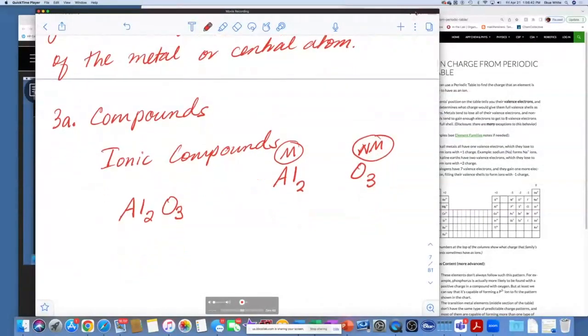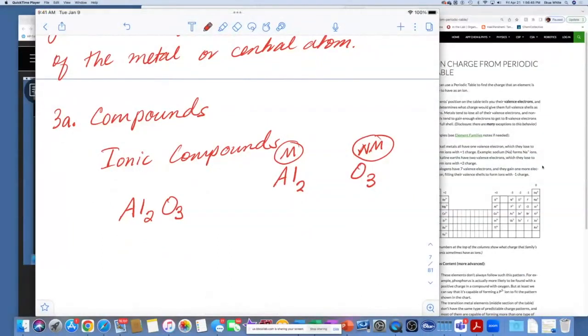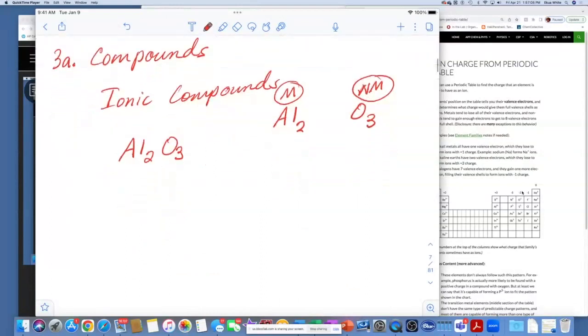With the nonmetal, you actually want to assign its regular charge. So here on the right, I hope you all can follow my mouse. I have the charge of oxygen based on the group number. Oxygen is in group 6 and it normally forms a charge of -2. So oxygen will take its regular charge as its oxidation number. So I'll write here -2 for the oxygen.